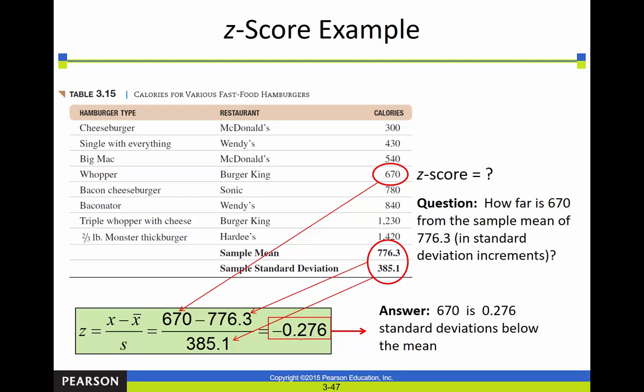This is going to give us a z-score of negative 0.276, meaning that the Whopper's caloric count is 0.276 standard deviations lower than the mean. That means the Whopper is a little bit healthier than the average fast food hamburger.